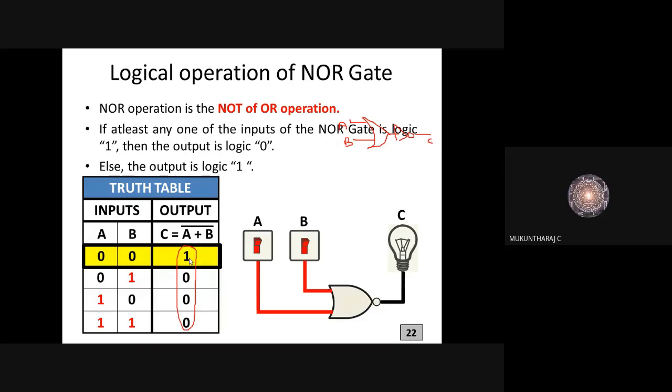That is the complement of the OR operation. For the other three input combinations, 0 1, 1 0, 1 1, the OR gate produces logic 1, but the NOR gate produces logic 0. It means the inverse of the OR gate. So from this truth table, you can observe that NOR is the NOT of the OR operation.